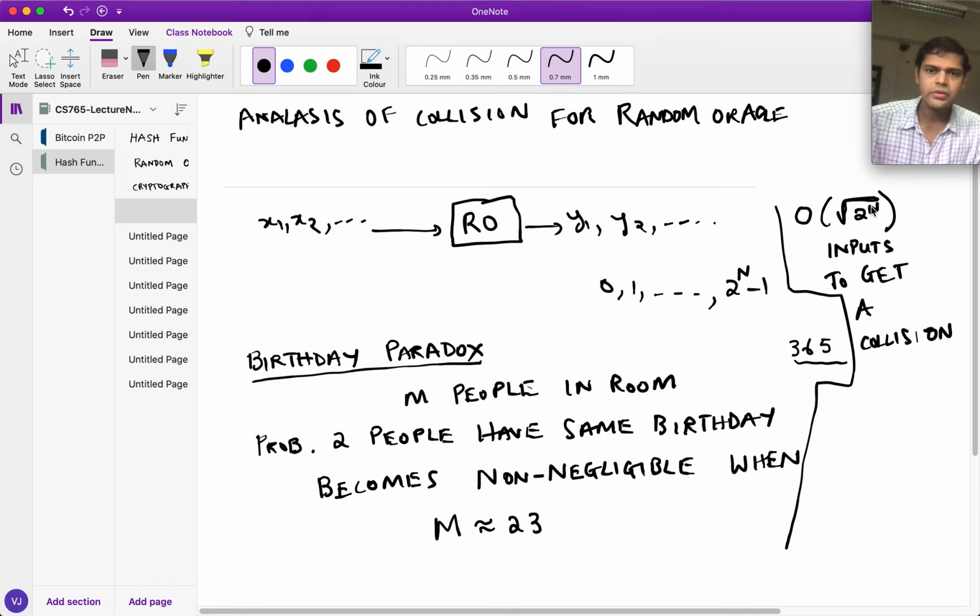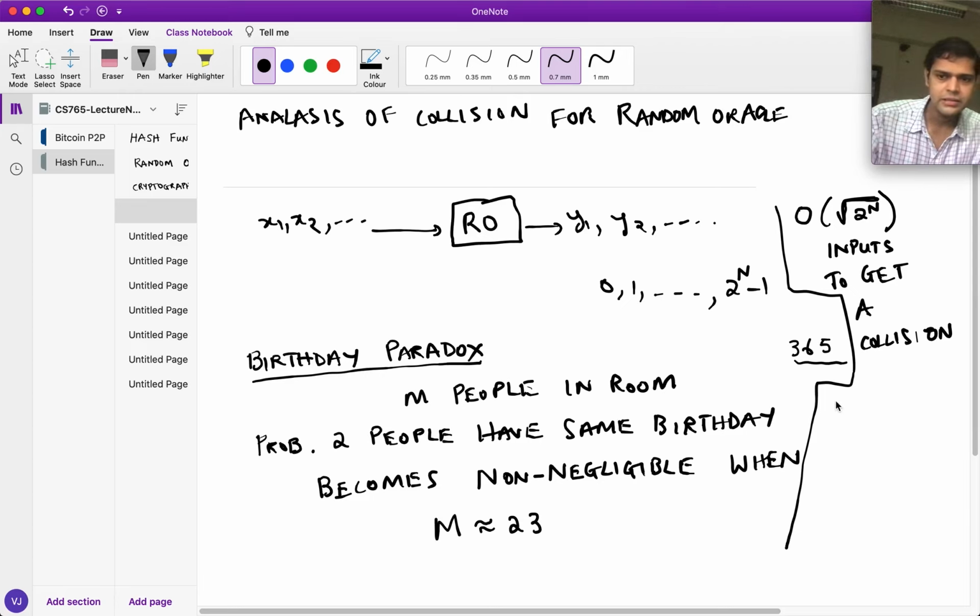Okay, so you keep trying a number of times. You don't have to try 2 to the power of n times. Then you're pretty much sure with very high probability you will get a collision. But even if it is of the order of square root of that, you have a reasonable chance of getting a collision.